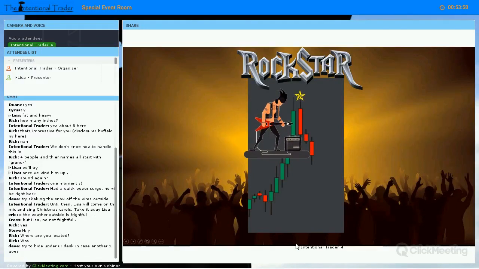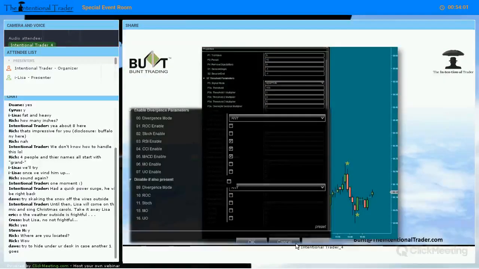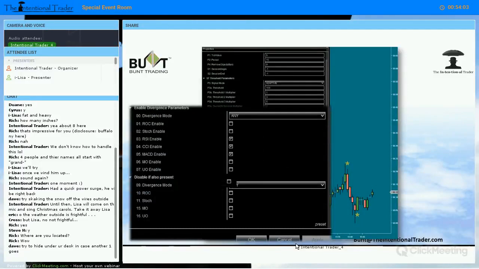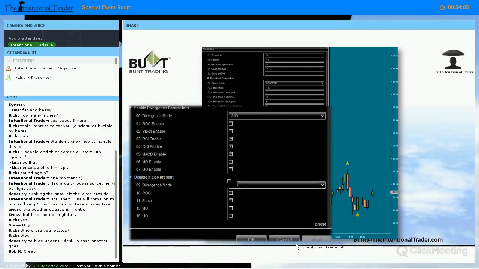Now, inside that indicator, we give the trader the ability to turn on and off the momentum oscillators they want to use to generate this signal.